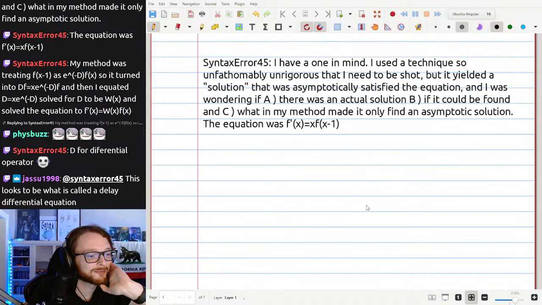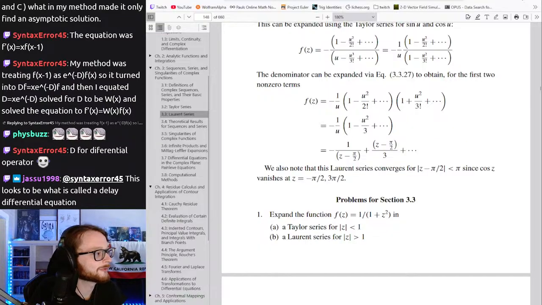FizzBuzz apparently likes that. A delay differential equation. This has a name? This isn't a syntax original dish that he's cooked up?